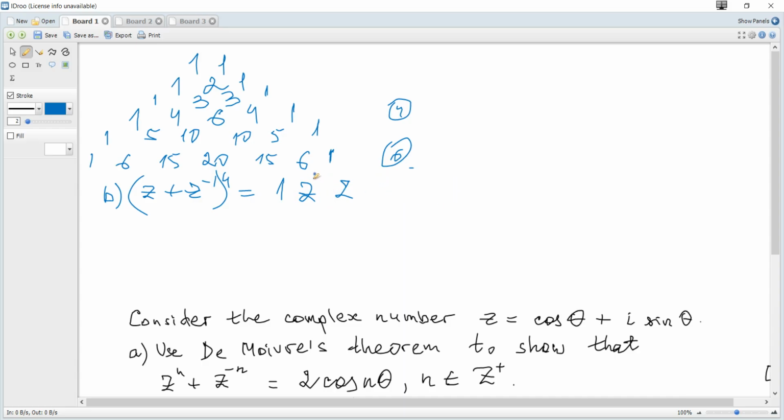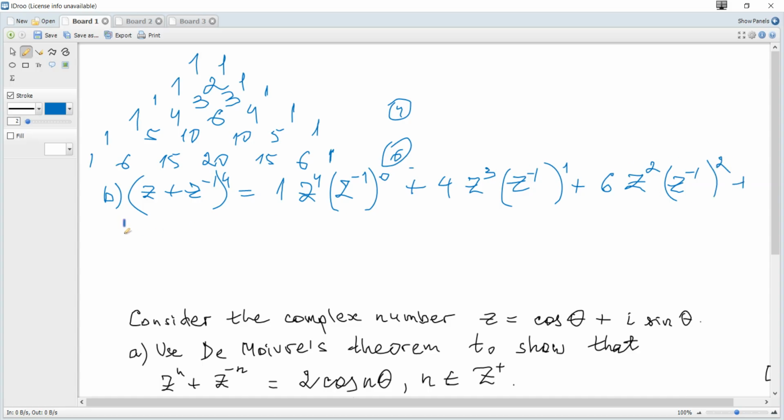actually z to the power 4, z to negative 1 to the power of 0, plus 4z cubed, z to negative 1 to the power of 1, plus 6z to the power of 2, z to negative 1 to the power of 2, plus 4z to the power of 1, z to negative 1 to the power of 3, plus 1 z to the power of 0, z to negative 1 to the power of 4.